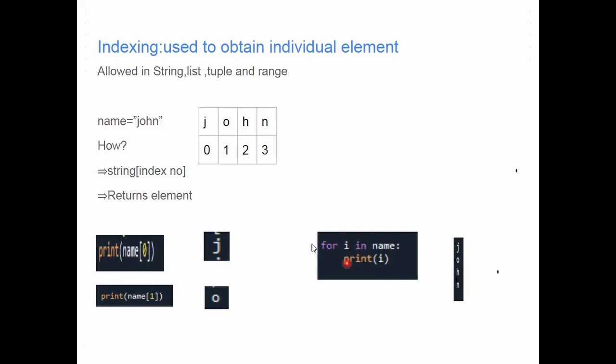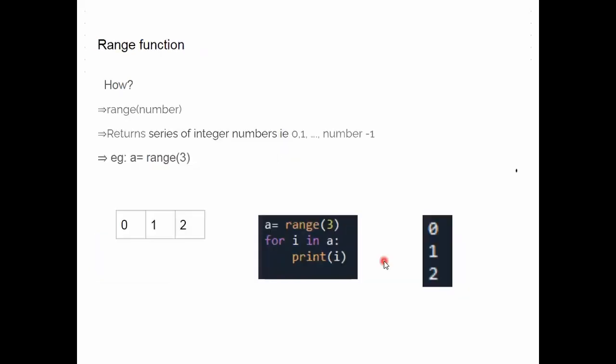For accessing all the elements of the string, we use a for loop: for I in name. There are 4 characters in name. First the value of I will be J, so J will be printed. Next time the value of I will be O, so O will be printed. Next time the value of I will be H, so H will be printed, and then the value of I will be N, so N will be printed.